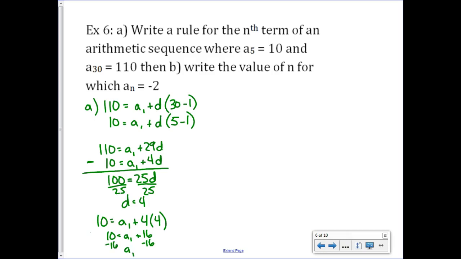So a sub 1 equals negative 6. So then I get a sub n equals a sub 1 plus difference times n minus 1. So a sub n equals negative 6 plus 4n minus 4. So then a sub n equals 4n minus 10.